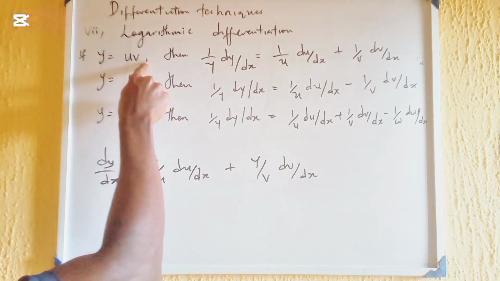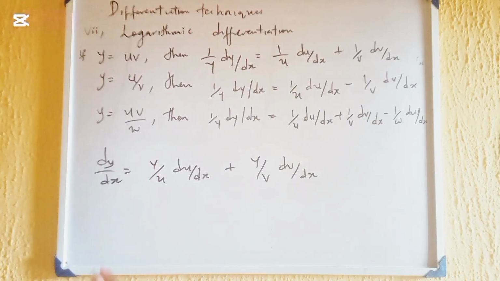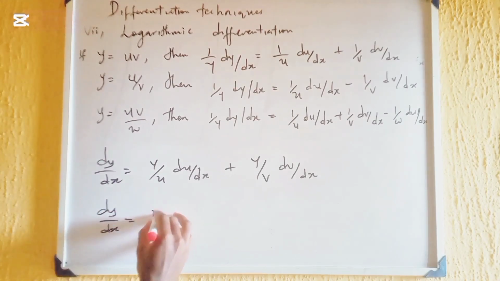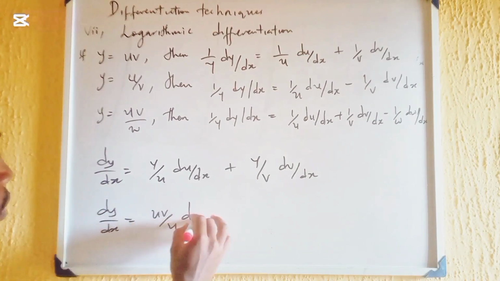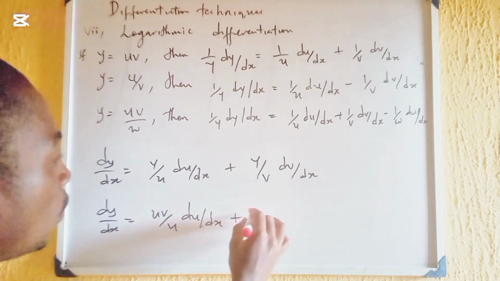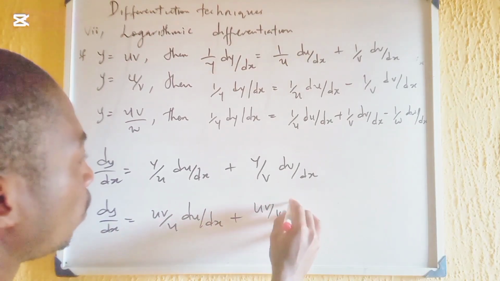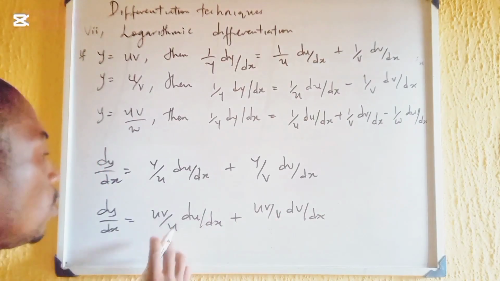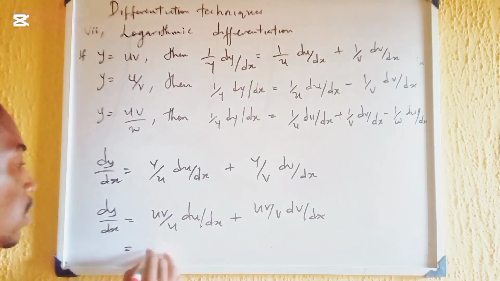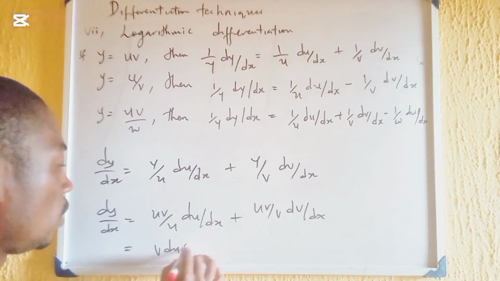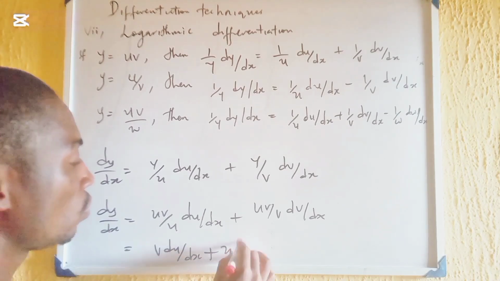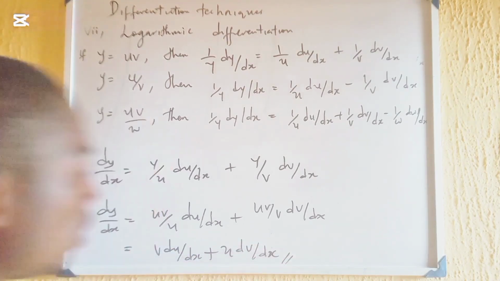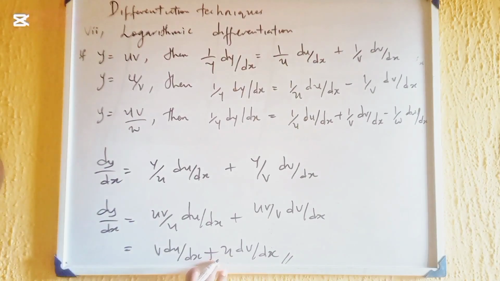So if I substitute for y in the equation, I'll be having dy/dx is equal to uv over u du/dx plus uv over v dv/dx. Now v will cancel v, u will cancel u. So this gives us v du/dx plus u dv/dx. And you can remember that this is product rule.